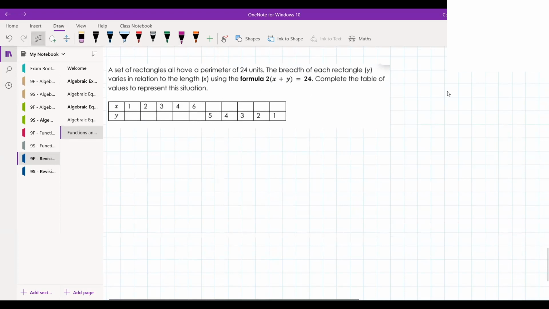Use the formula 2 times (x + y) is equal to 24, and we're going to complete the table. Now, I want us to note something, guys: we're going to look for y values first, and then when we're done, we're going to look for x values.